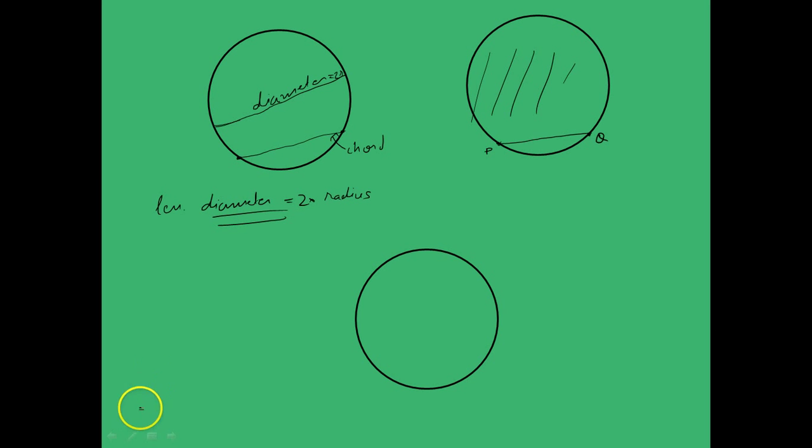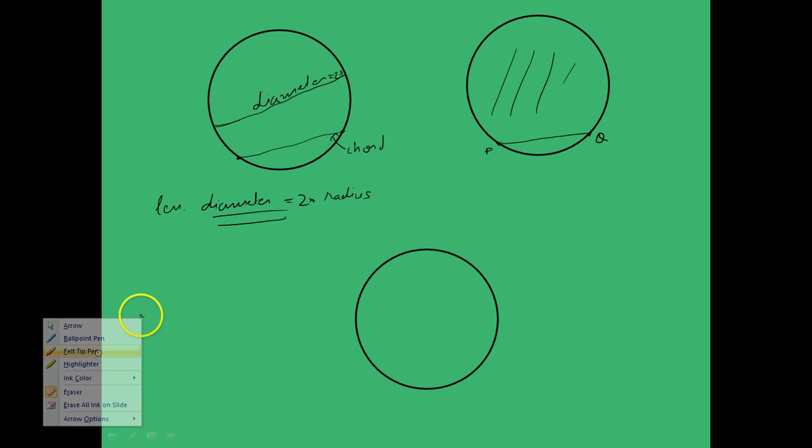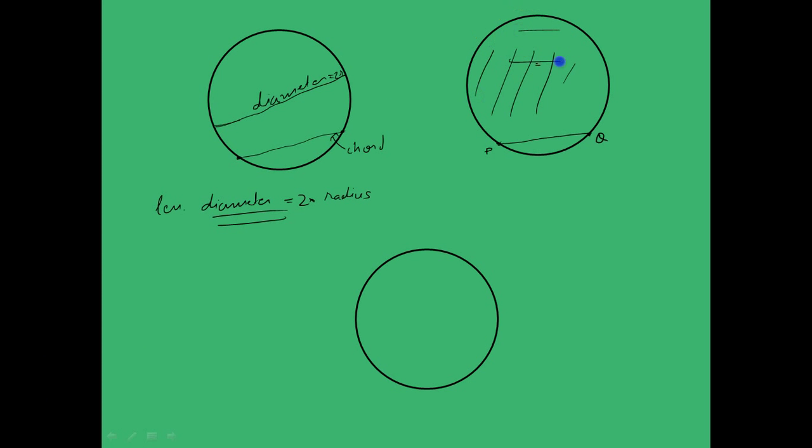I should be more careful, but this part which I'm shading right now is called the major segment, and this part which I'm scribbling over right now is called the minor segment, right?